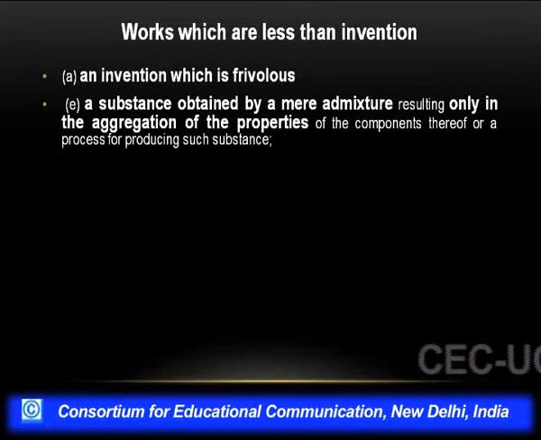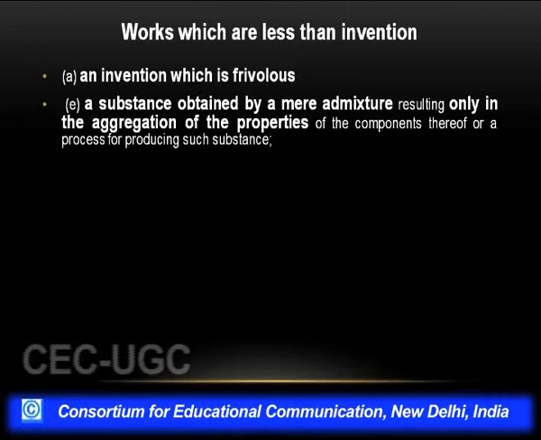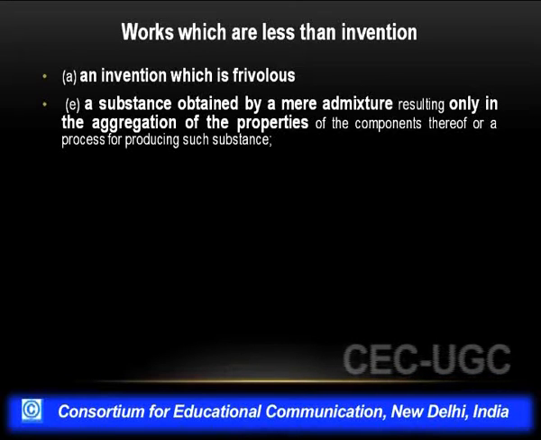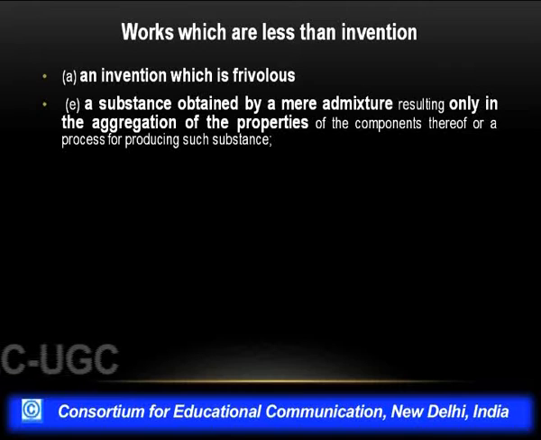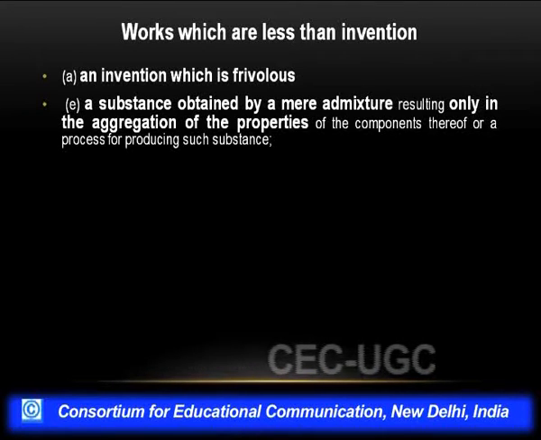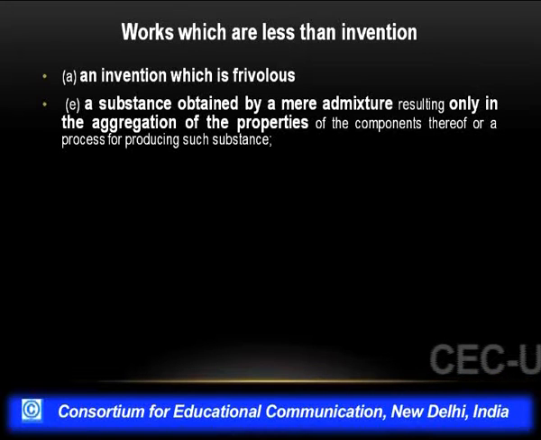Another clause that can be brought under the first category is 3E, which reads: a substance obtained by a mere admixture resulting only in the aggregation of the properties of the components thereof, or a process for producing such substance. Viewers, this clause 3E excludes two kinds of things.